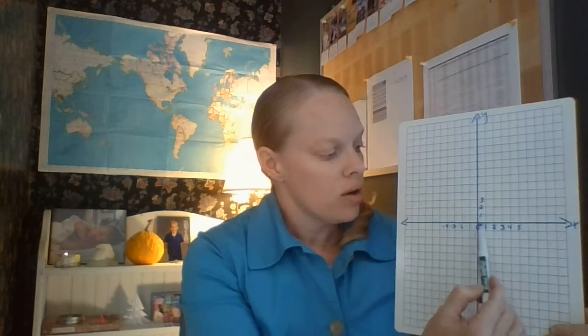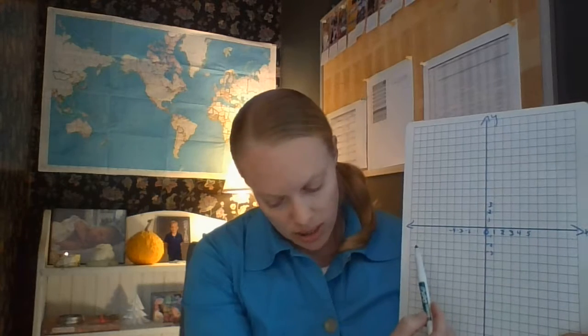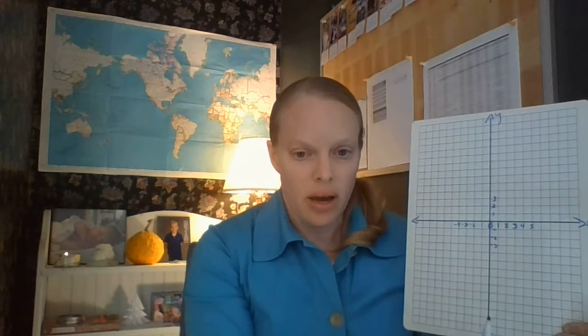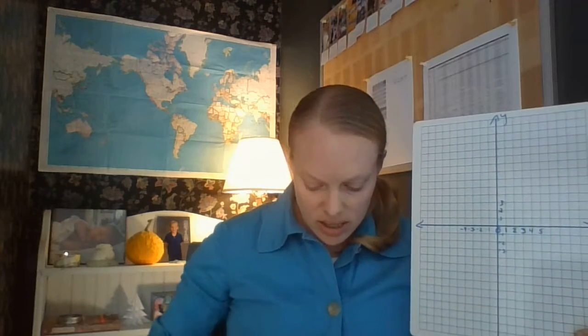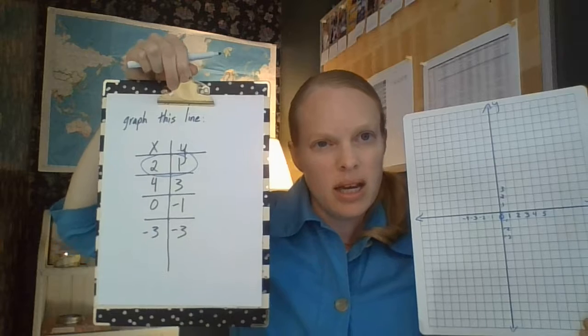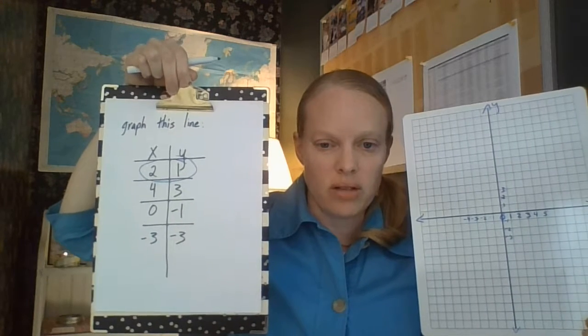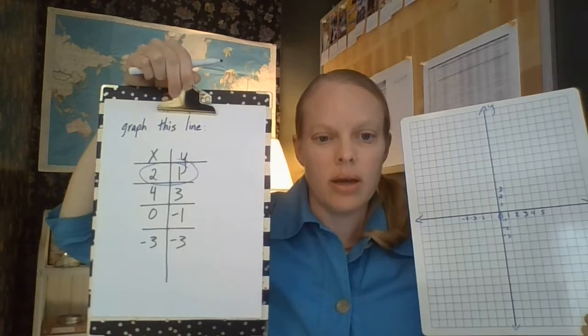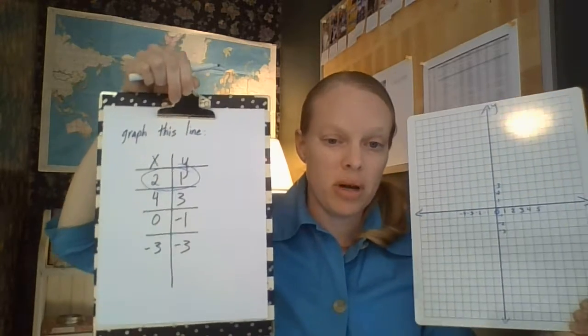It's either forward or backward. And then we have to go 1 up or down. So we're going to use the x's first because it's easier to keep it in your mind that you always do your x first. So we're going to go over 2 and up 1 because they're positive numbers.